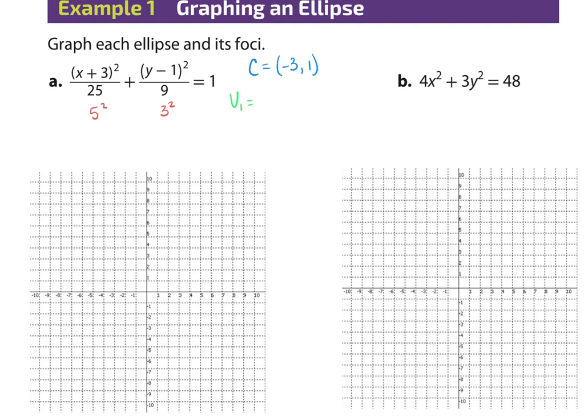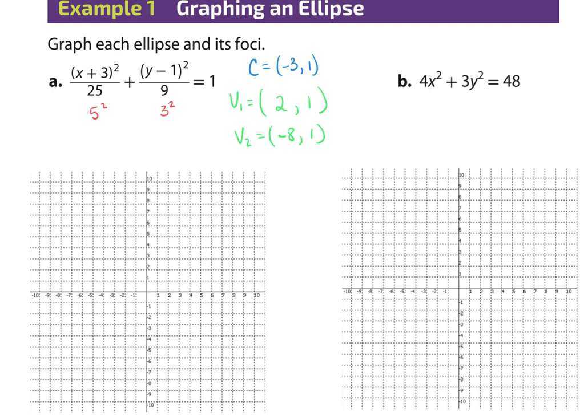Well, my longer axis is on my X, so my X value is going to change. So I'm going to leave the Y value alone, and I'm going to add 5 to my X value, which will give me 2, 1. And then I am going to subtract 5 from my X value, which will give me -8, 1. Those are my vertices, all right?